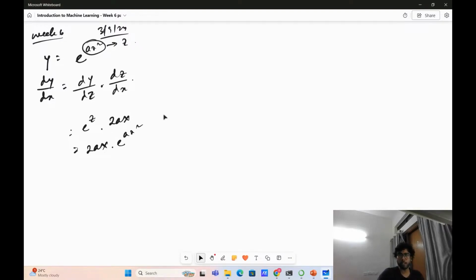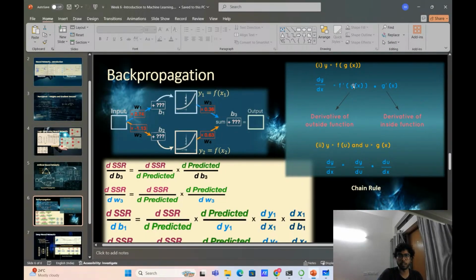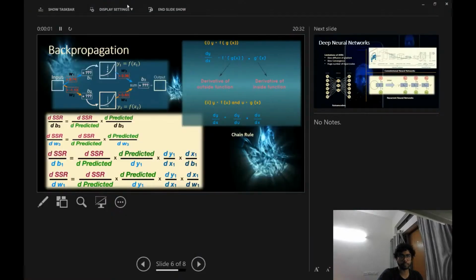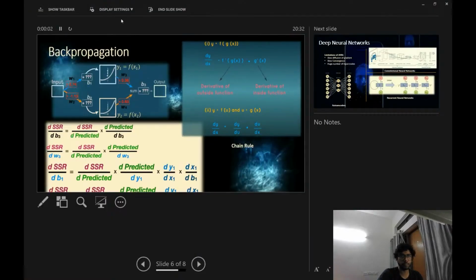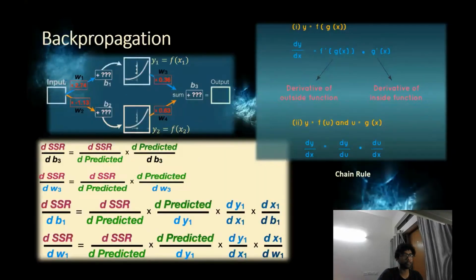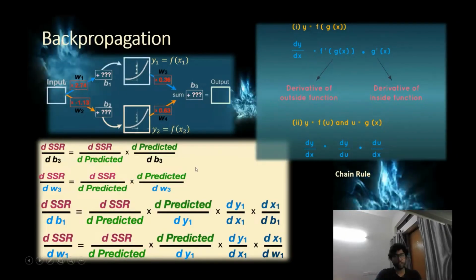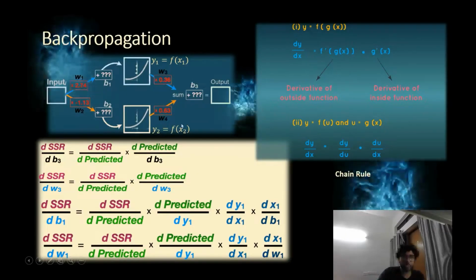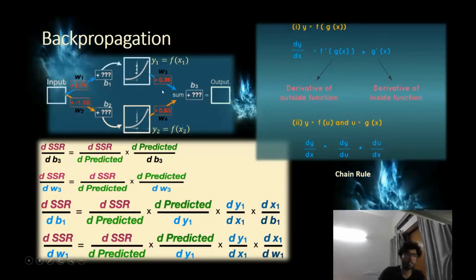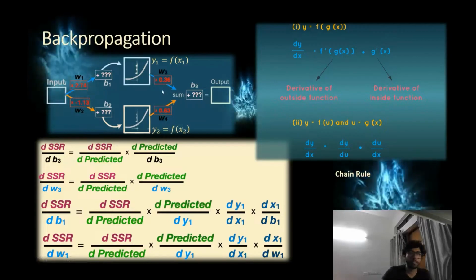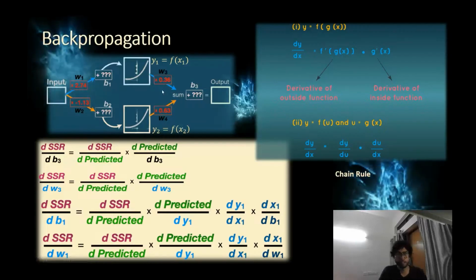If anybody didn't understand this, let me know, because we are going to use it in back propagation. Initially, just like in linear regression and logistic regression, we would use the gradient descent method.